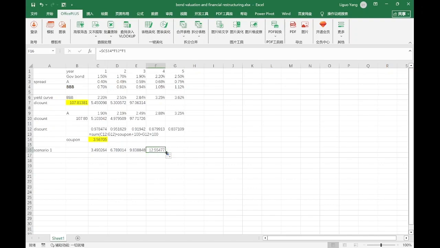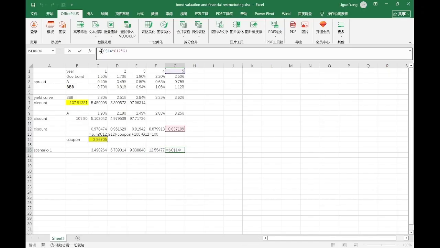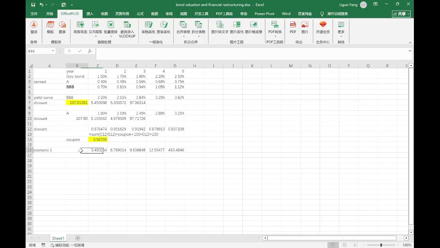And in the last year we will get both the coupon and also the par value. So it's 100 plus the coupon.